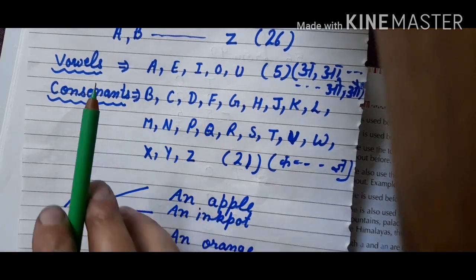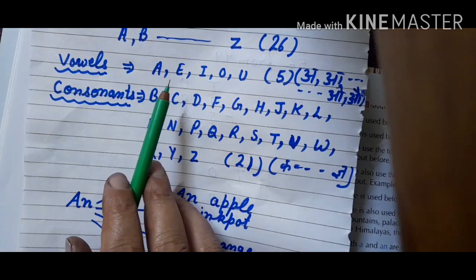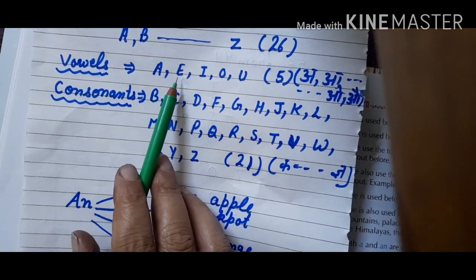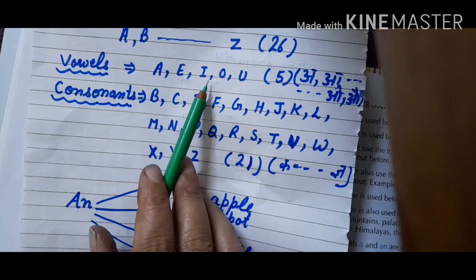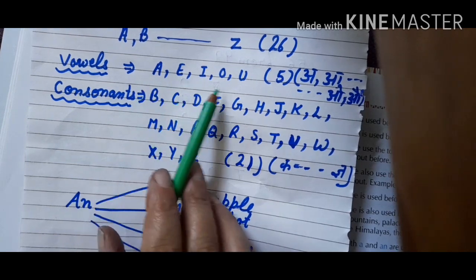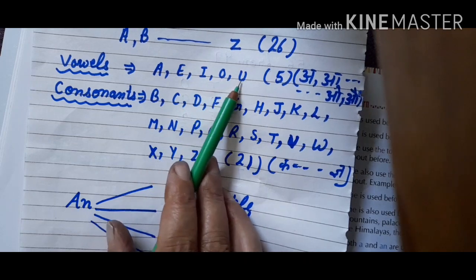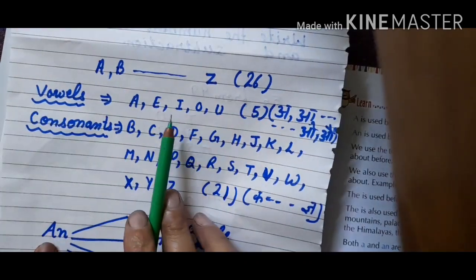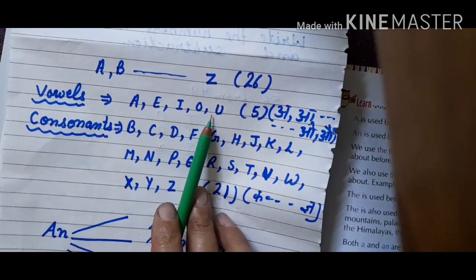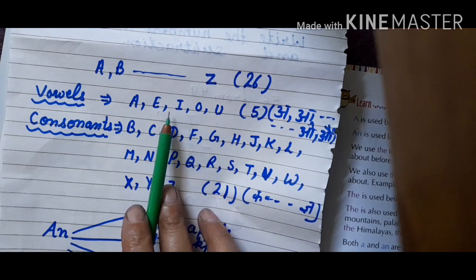We use an with those words which start with a vowel sound. Here we have 5 vowels in the English alphabet: A, E, I, O, U. If a word starts with these vowels, then we use an.